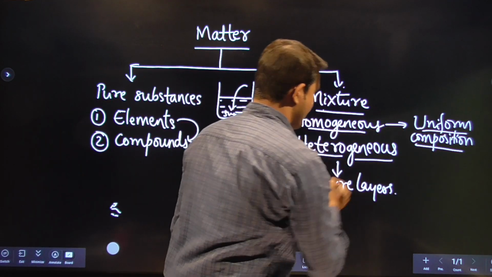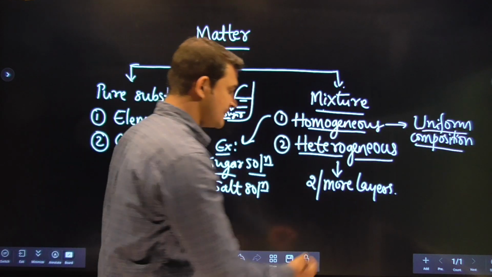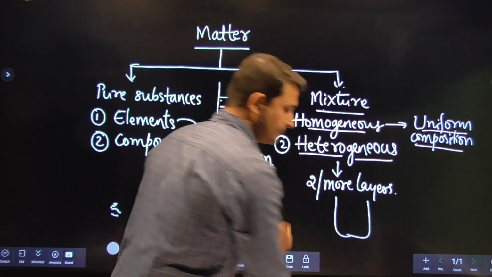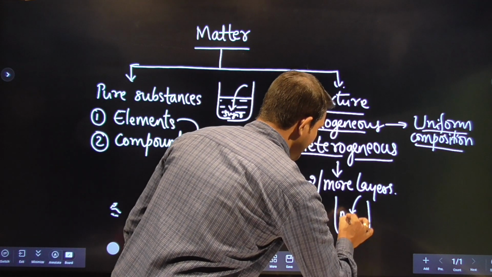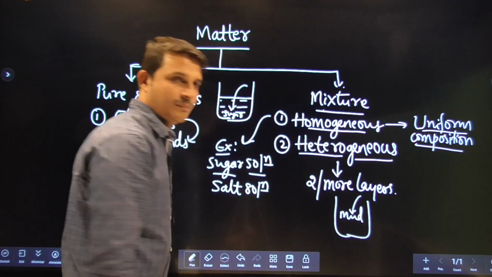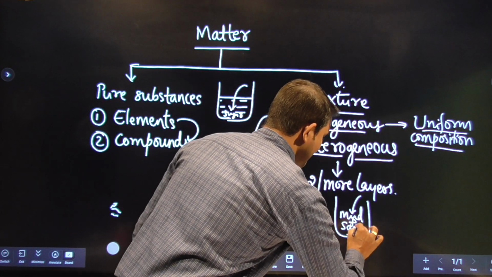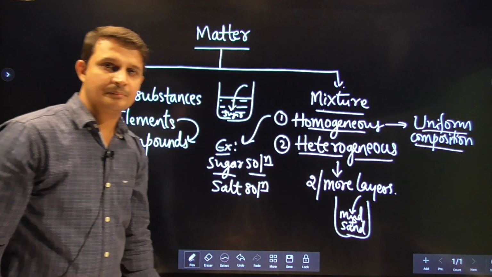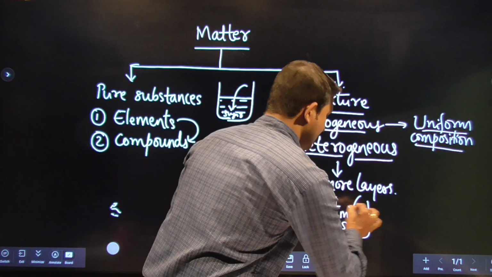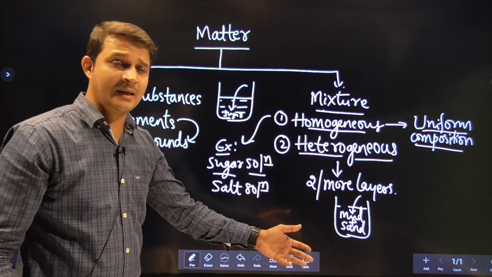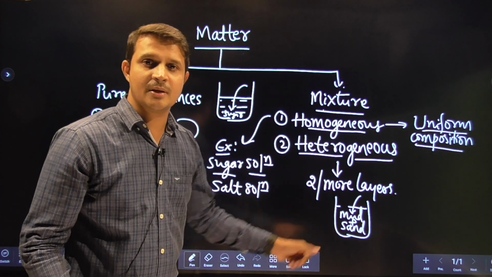Heterogeneous is where we can find two or more layers. Let us take a beaker and add mud to it. Mud and sand are taken in a beaker. We can easily see the mud layer separate and the sand layer separate, is it not?